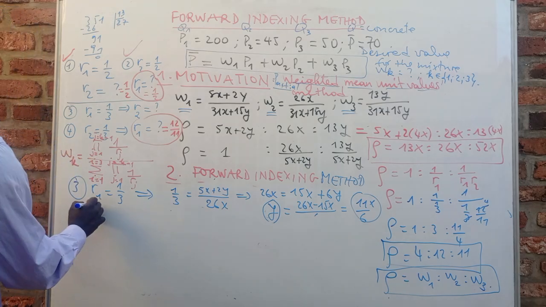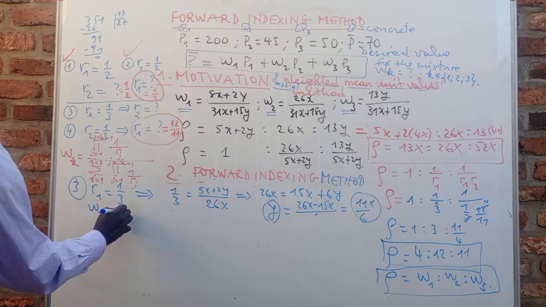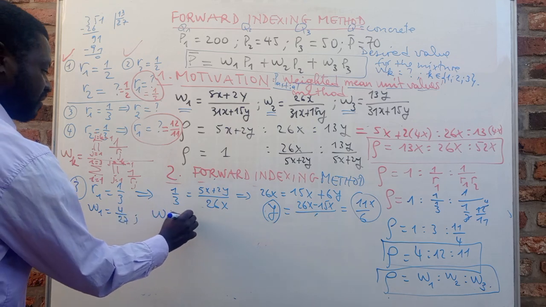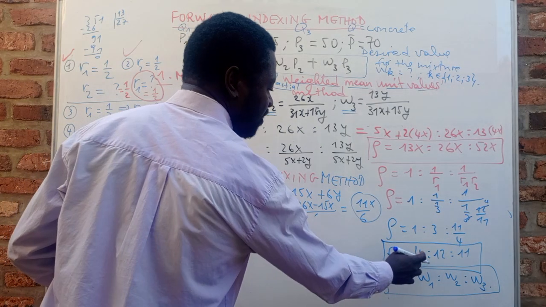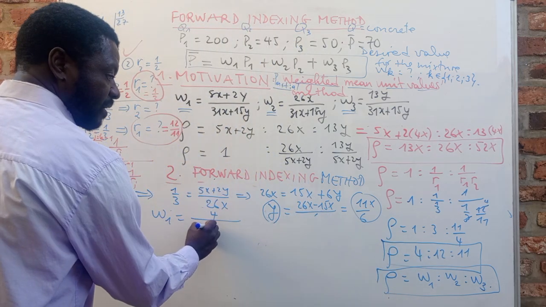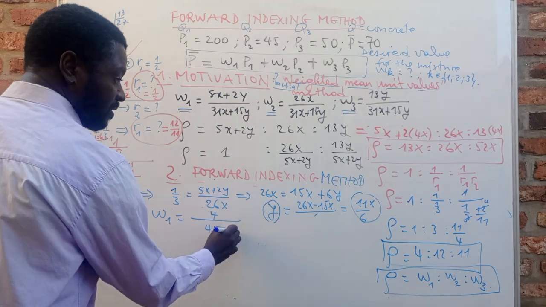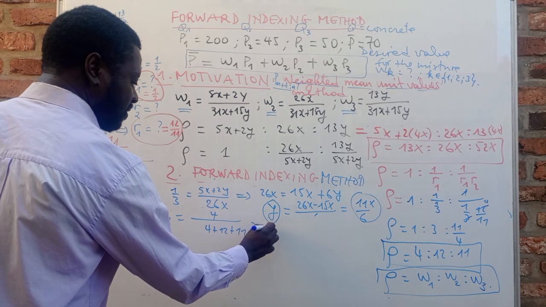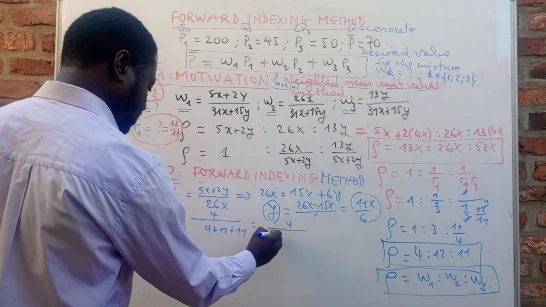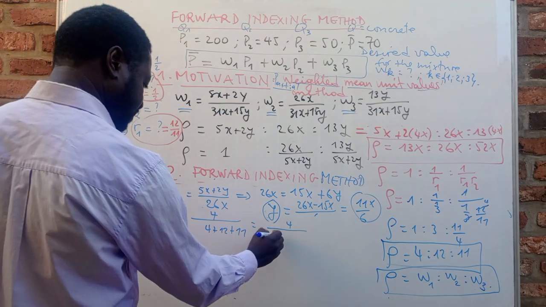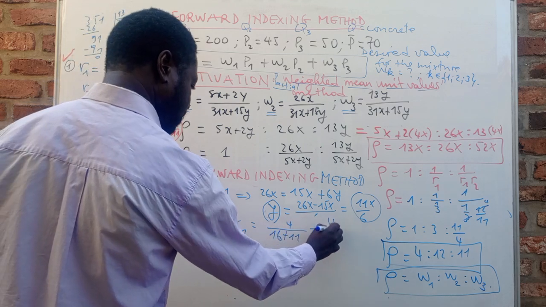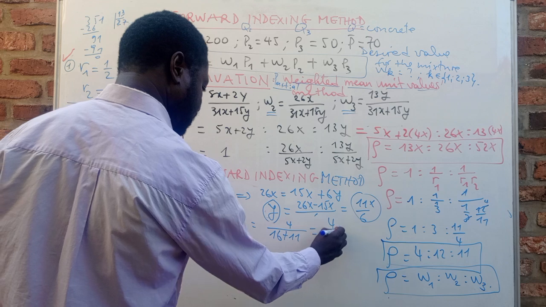I have obtained omega 1 is equal to 4 over 27. So I should have obtained the same quantity by taking 4 divided by 4 plus 12 plus 11, which is 4 over 16 plus 11, which is 4 over 27.